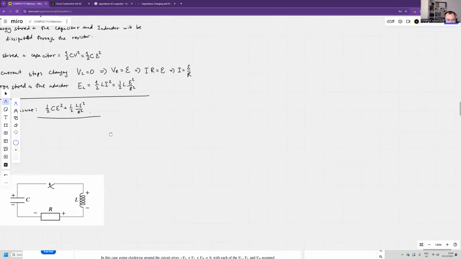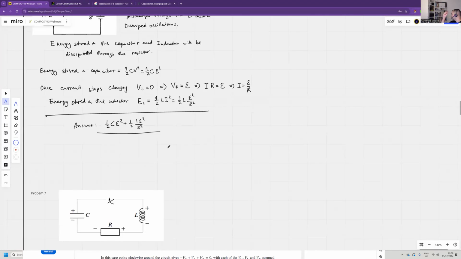In any short circuit, if you take a AA battery and connect it to itself, don't do it for a long time because it will get really hot, but you can do it for a short time. It will short circuit, and the current is equal to the EMF, 1.5, divided by the internal resistance of the battery.